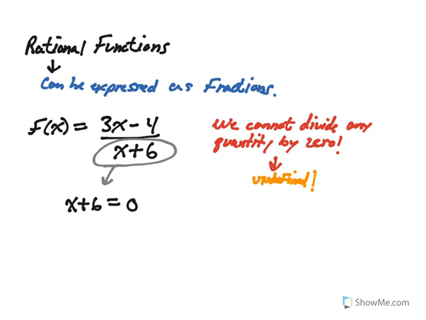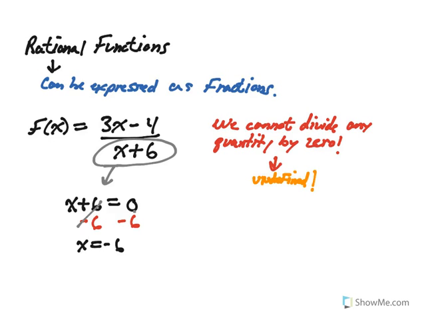Why do we want to do that? Because that's going to give me the restriction, the value the denominator cannot be. If I take x plus 6, which is the denominator, and set it equal to 0, that forms a nice simple equation. Solve it by getting x by itself. We subtract 6, and you're left with x equals minus 6.